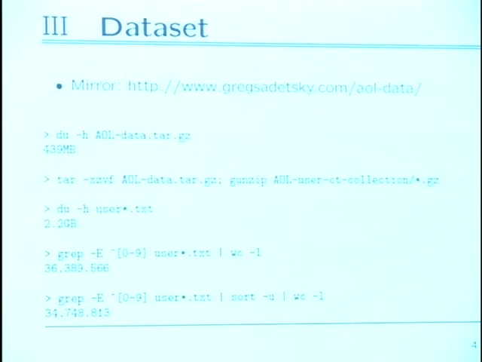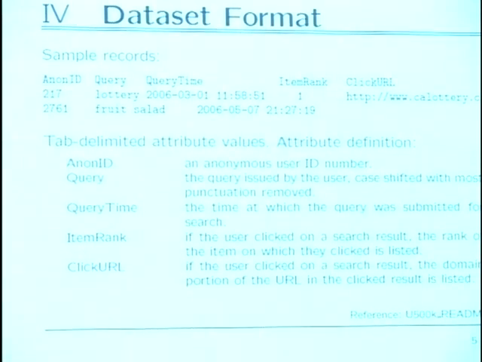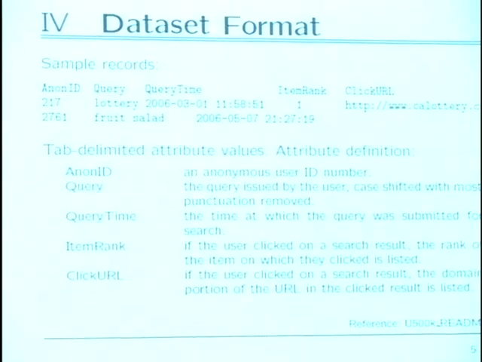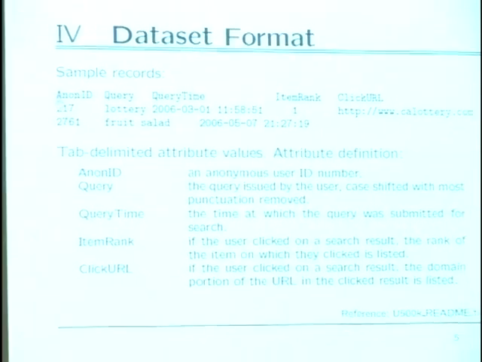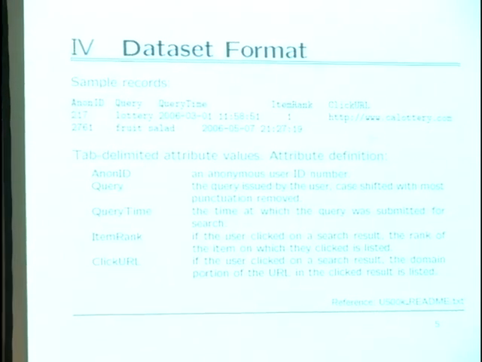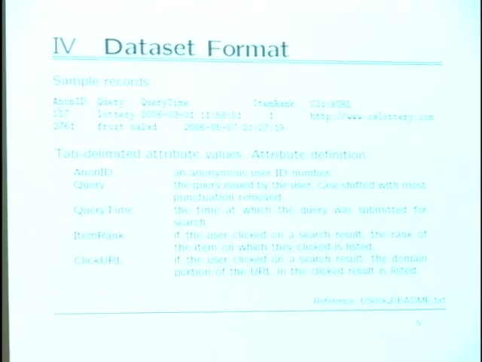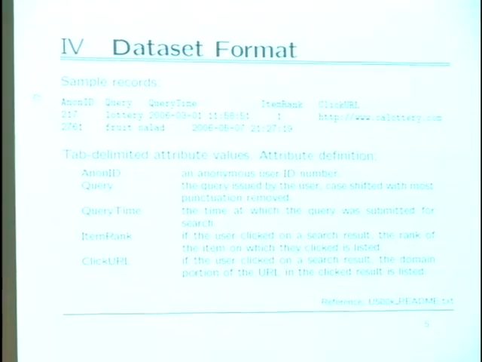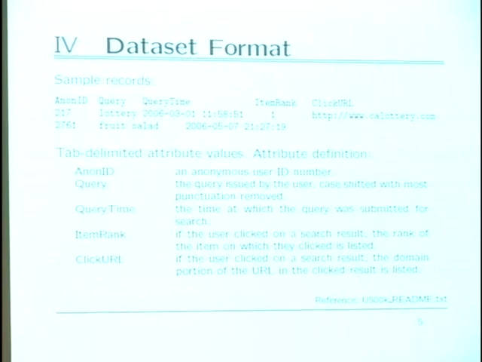Okay, what you would do is import the data in your favorite database system. This is just the format of the data. We have 36 million records of this format. I took 2 samples here. This is basically tab delimited data. The first attribute is an anonymous user ID where AOL substituted the username, the AOL screen name, with an anonymous ID.